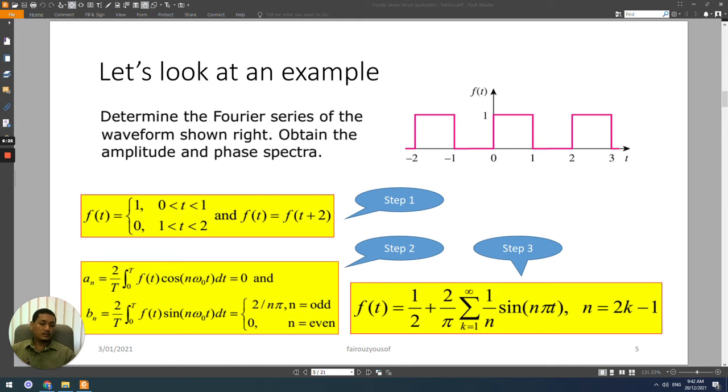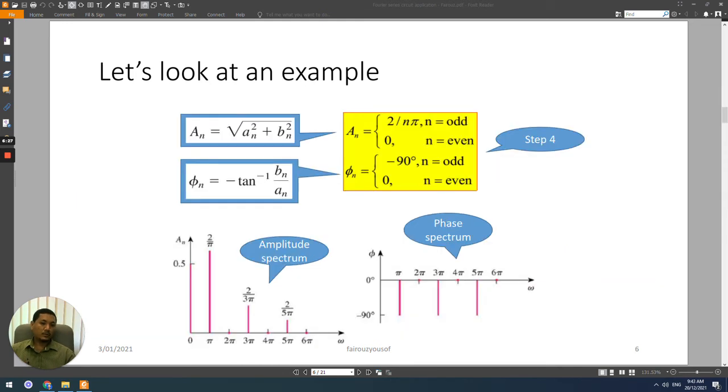So from here we can get the amplitude and phase of the Fourier series, from this equation.